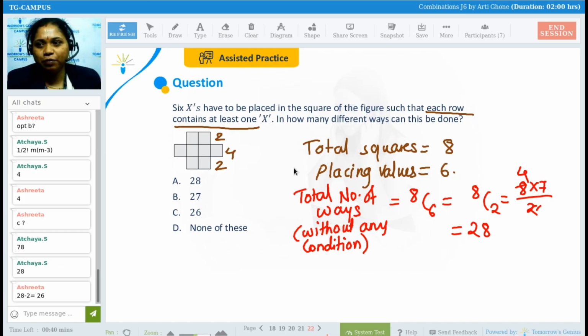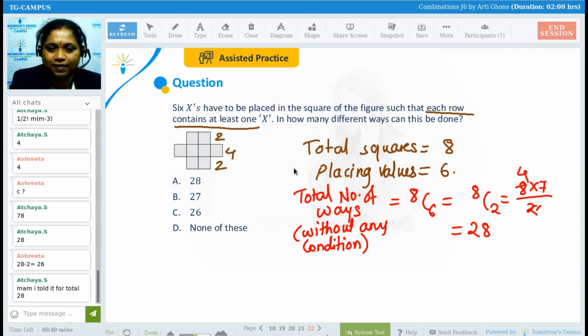You will think these KBC questions are also better than JEE. Okay, told it for total, then it's fine. But 28 is not the answer.